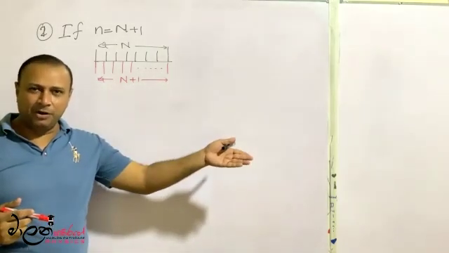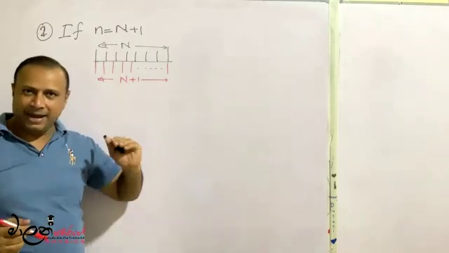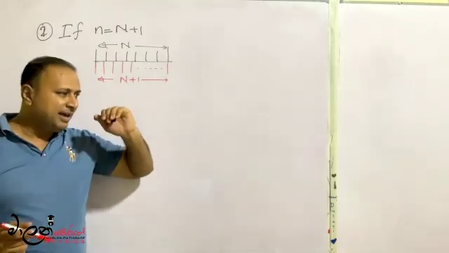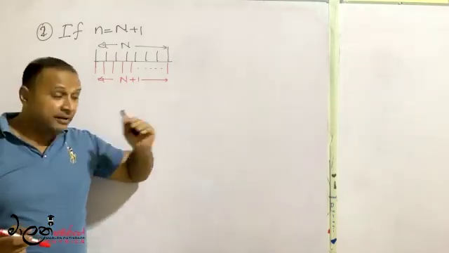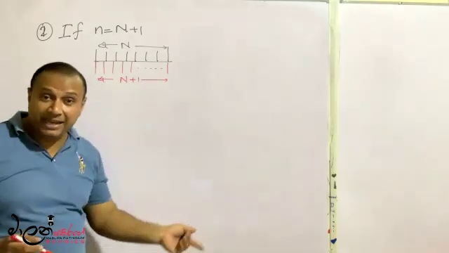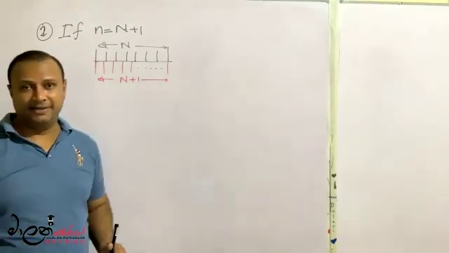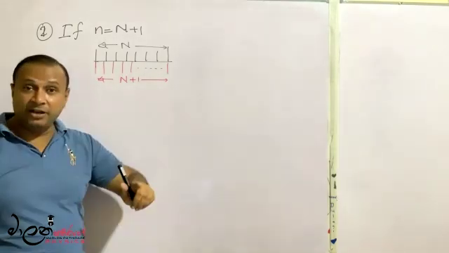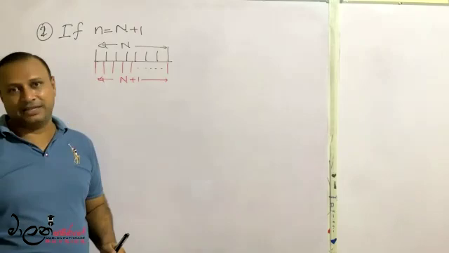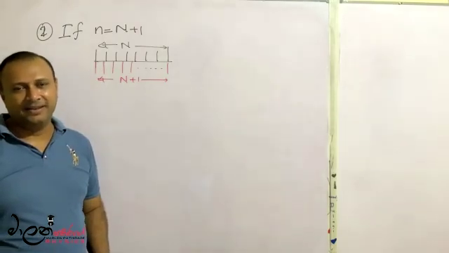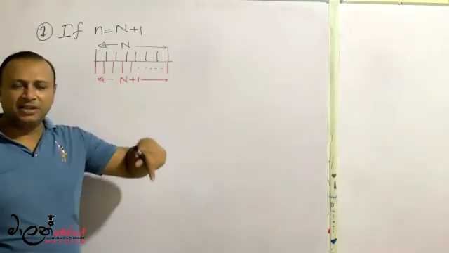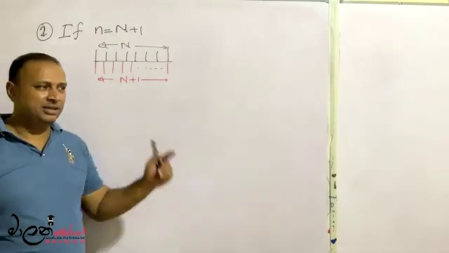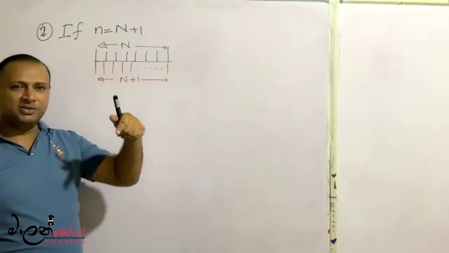As in the previous example, there are 9 divisions in the main scale, and those are divided into 10 divisions in the vernier scale. 9 divisions into 10 divisions.